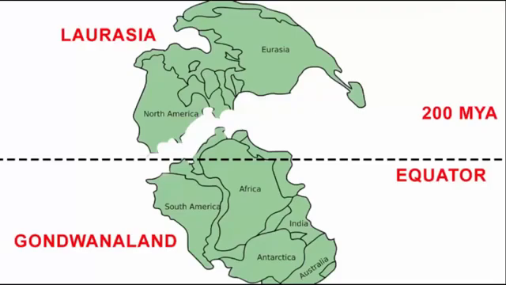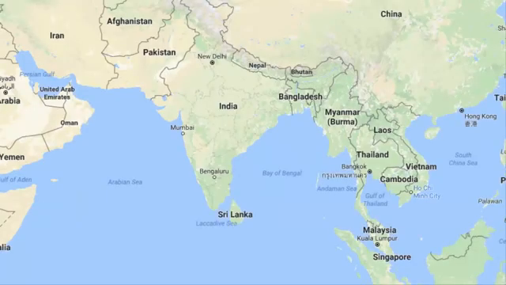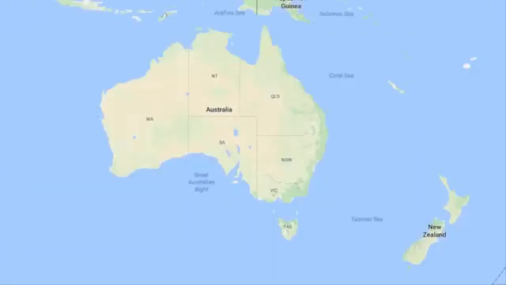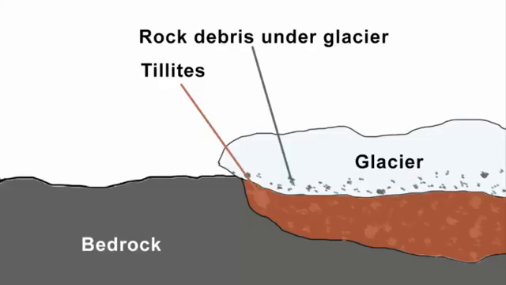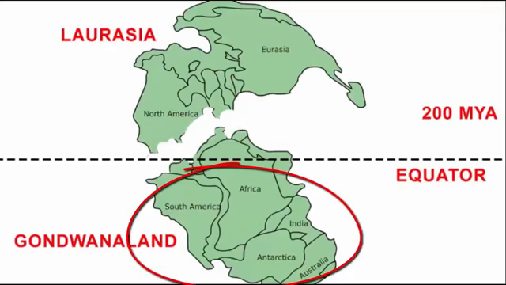The Gondwana land, which is the southern part of the initial Pangaea landmass, is known to have broken into 6 different landmasses. They are Africa, Falkland Island, Madagascar, India, Antarctica, and Australia. Now at the base of all these landmasses, tillite has been found, which proves that all these 6 landmasses have similar histories.